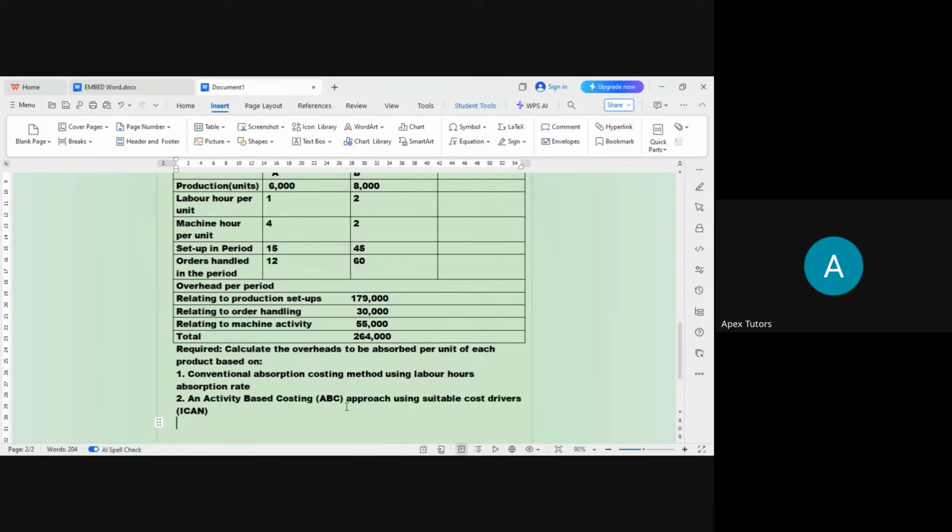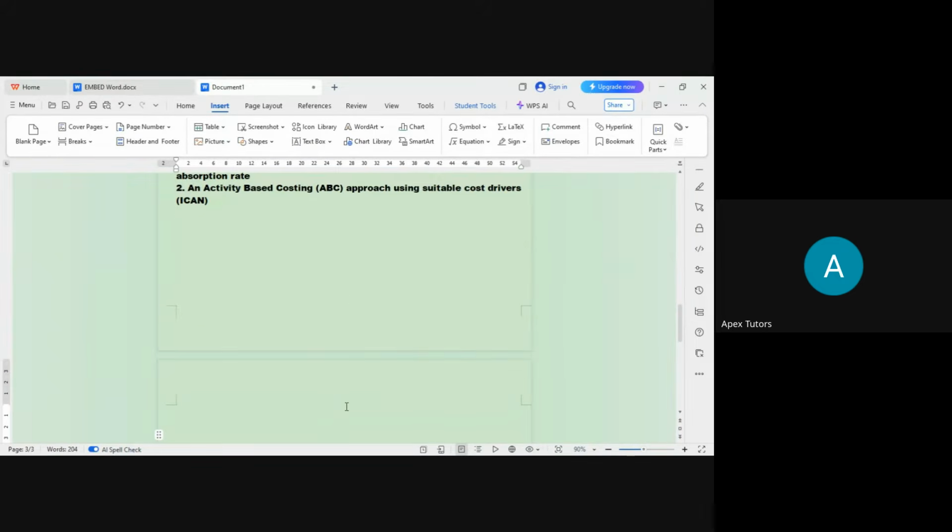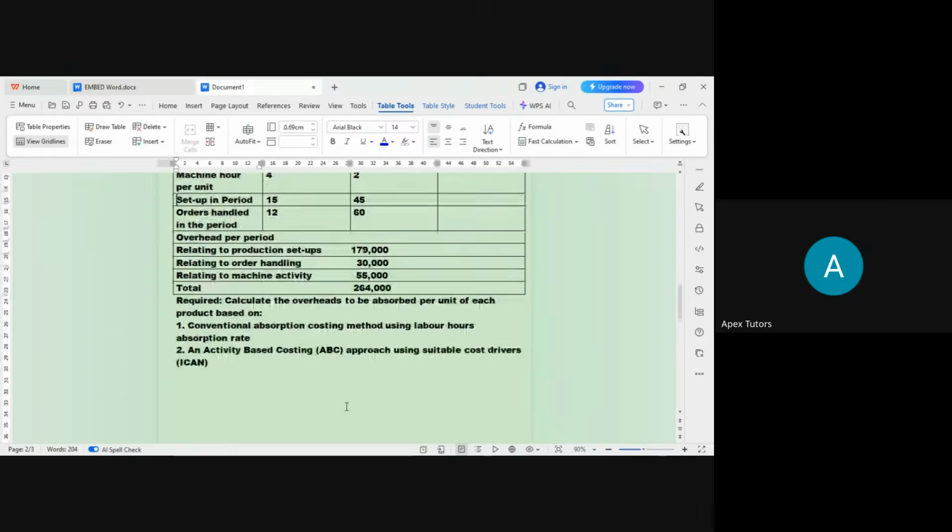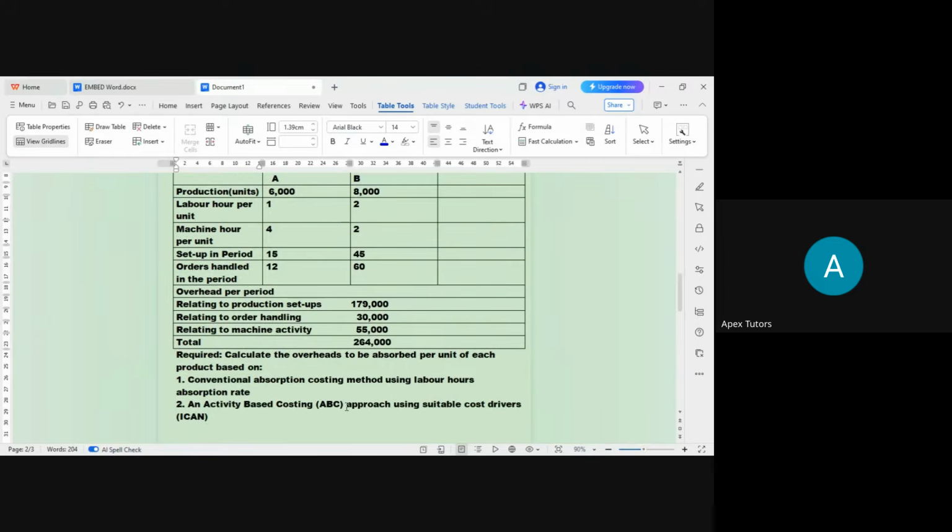To solve this, first and foremost, we need the labor hours. How do we determine the labor hours in the question? It's clearly given: labor hour per unit is 1 for A, and for B, labor hour per unit is 2 hours.